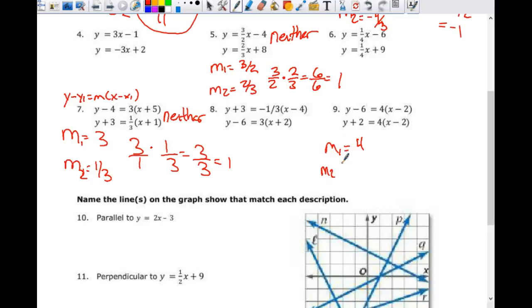Don't yell it out. Jonathan. 4. So what type of lines are these? Clarissa. Parallel? Are you sure it's parallel? Okay, so are you willing to bet your phone on this? All right, you are correct.